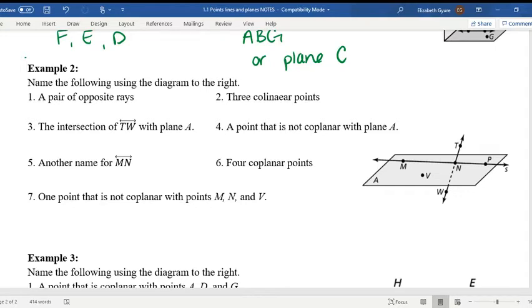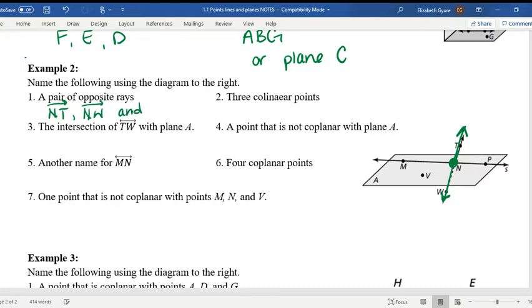So the first pair I'm going to point out to you is ray NT that starts at N and goes up towards T, and ray NW that starts at N and goes down towards W. They both start at point N. One goes up and one goes down in exact opposite directions. And then remember, when you name it, you have to start with the endpoint. So that would be NT with NW.